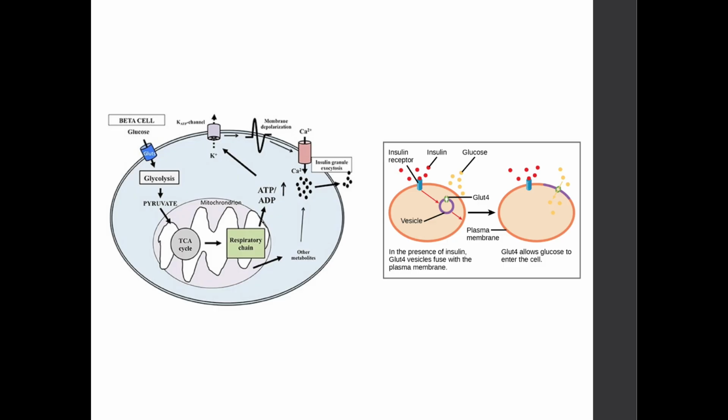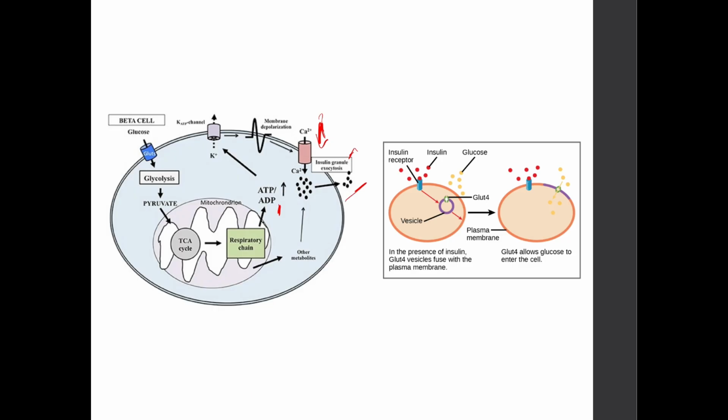Once glycolysis happens and we finish the TCA cycle, ATP is generated, and that ATP will be used to pump potassium outside of the cell. This regulation leads to calcium influx inside the cell, and calcium is used in breaking the vesicles, and once we break the vesicle containing the insulin, the insulin is secreted.